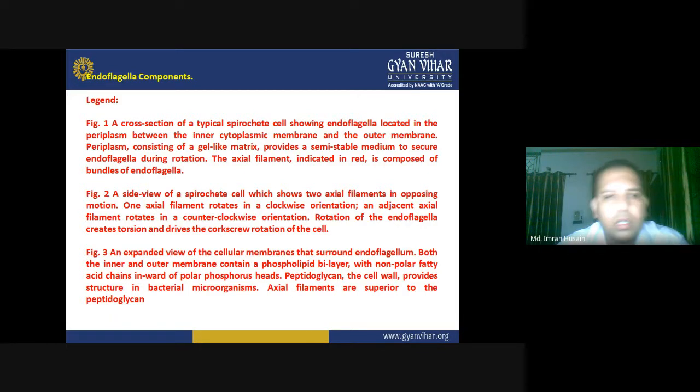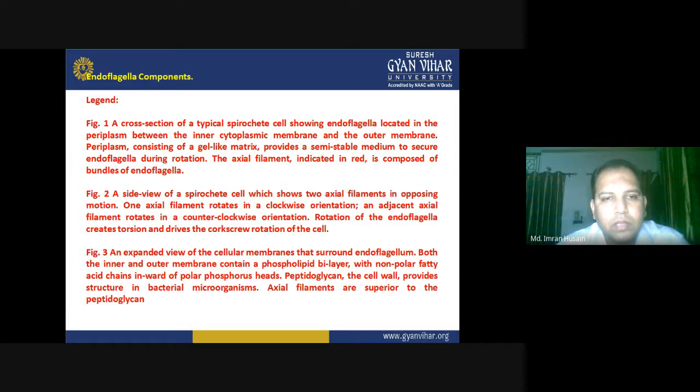Figure 1 is a cross section of a typical spirochete cell showing endoflagella located in the periplasm between the inner cytoplasmic membrane and the outer membrane.